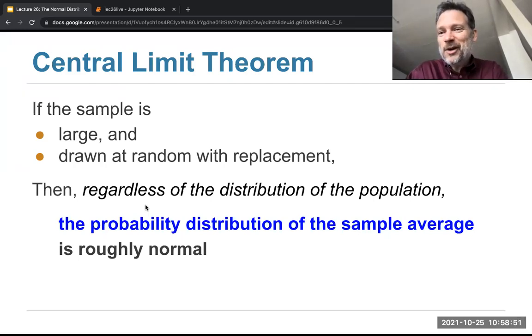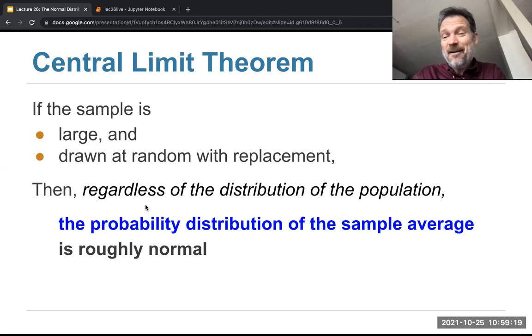Last, I want to comment on one question I saw: how does this relate to the law of averages? Remember what the law of averages says. If you take the average of the numbers in the sample, then that will be similar to the population average, and more similar the larger your sample size.